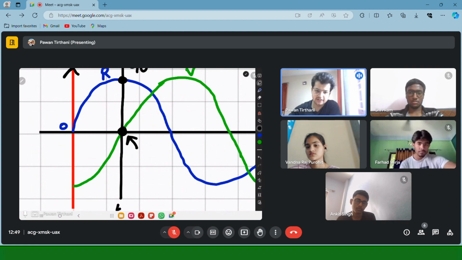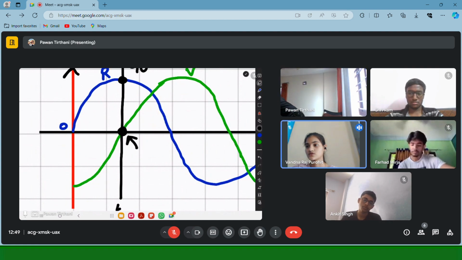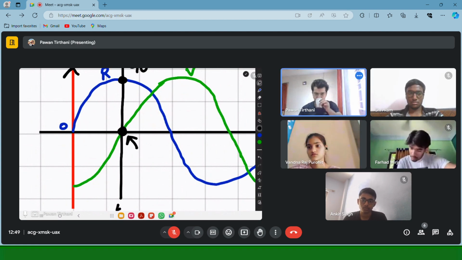It is passing the mean position. What do you think? 0. Okay. Any doubts? No. Very good. So this is at 0.